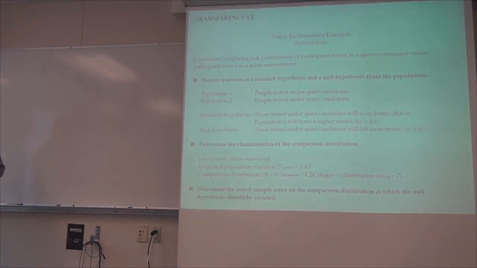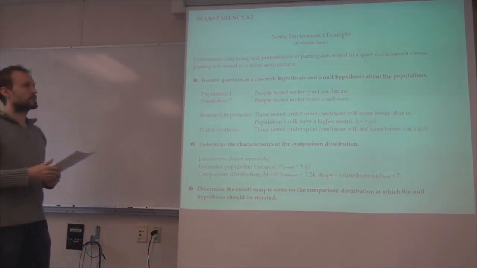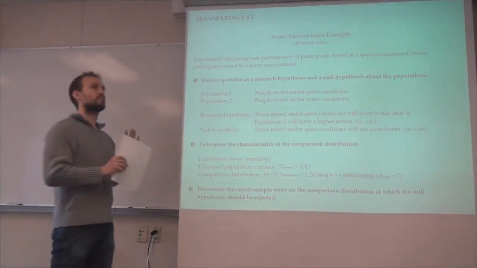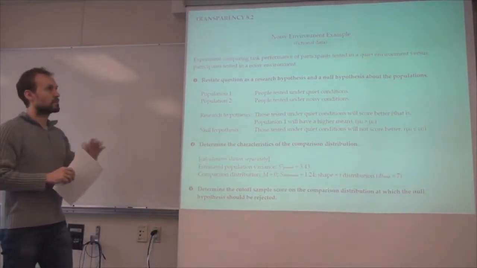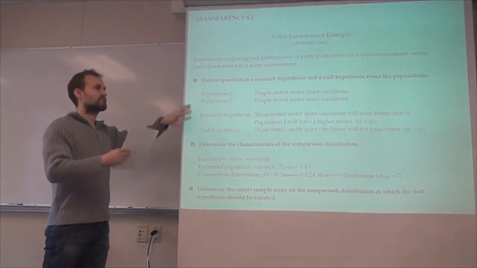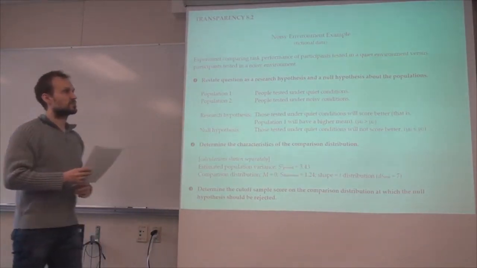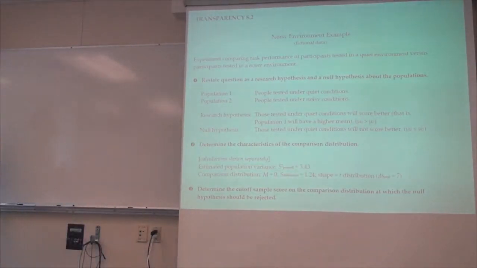The problem is estimating the variance. Isn't that always the problem? The variance, tricky. So what we can assume, or have to assume, is that both populations have the same variance. That people have the same variability in terms of how they perform regardless of the situation.